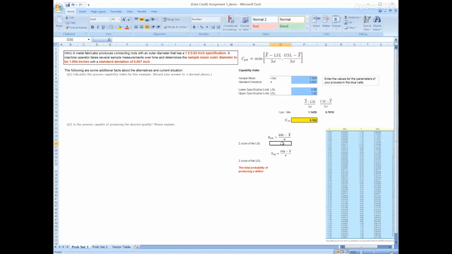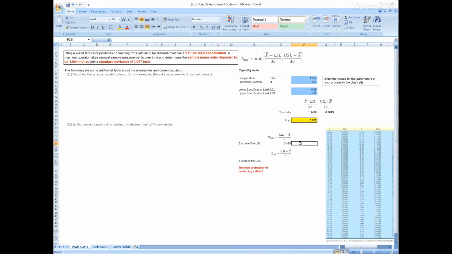The z-score for the lower specification limit LSL is calculated by dividing the difference between the lower specification limit and the process mean by the standard deviation. Assuming a normal distribution, the z-score of the LSL is equal to the difference of LSL and x bar divided by the standard deviation, 0.007, which is negative 3.429.